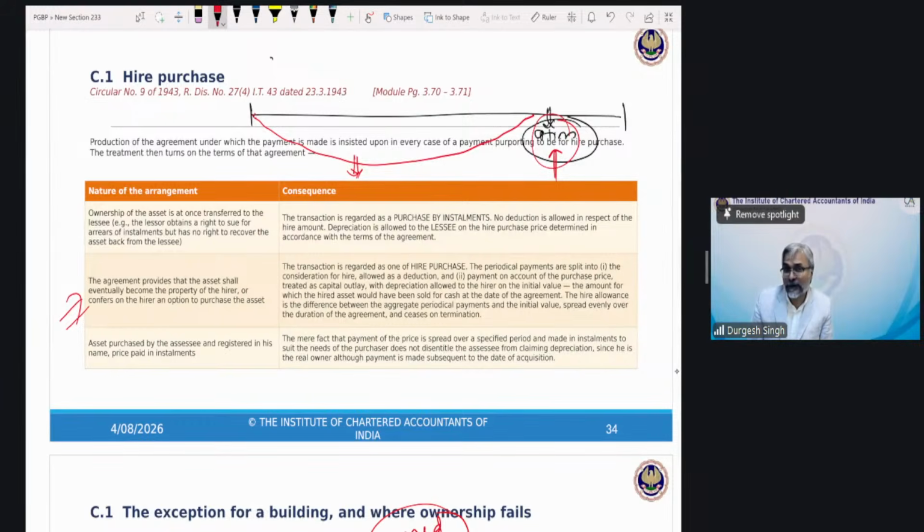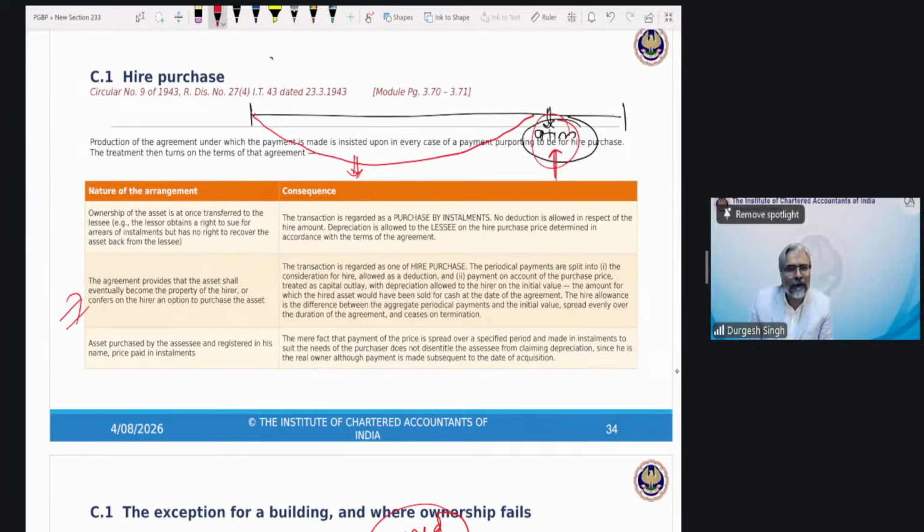Please pay attention to my question on this part. Students, if the buyer is paying the installment regularly, tell me one thing: can the vendor cancel the contract and take back the asset by paying some compensation to the buyer?